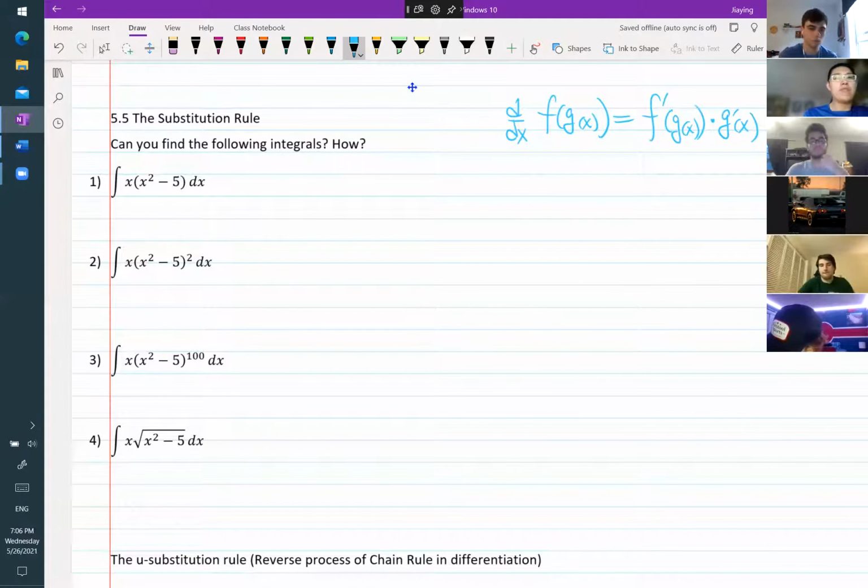So number 1, if we want to integrate x times x squared minus 5, what do we do first? Just the first step, you don't need to tell me the final answer.